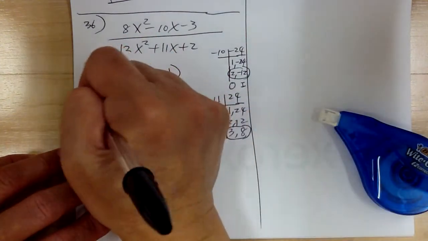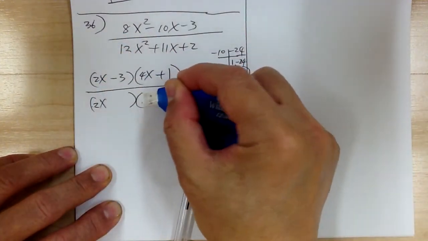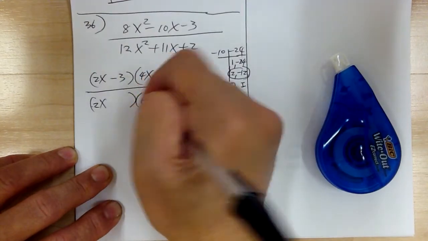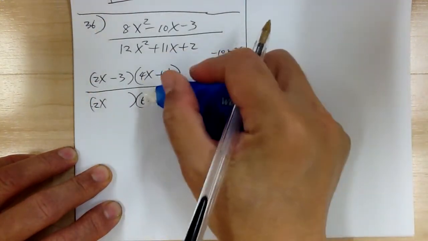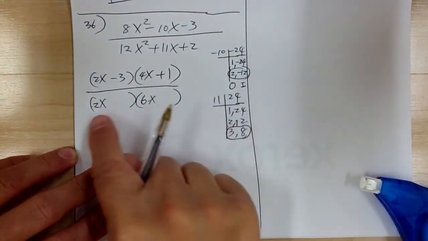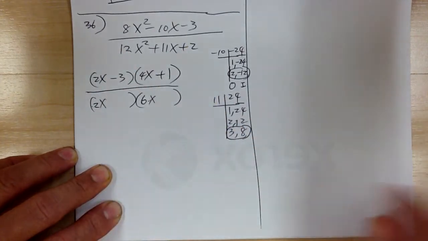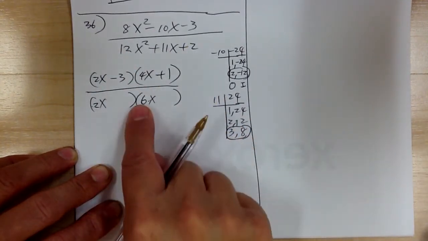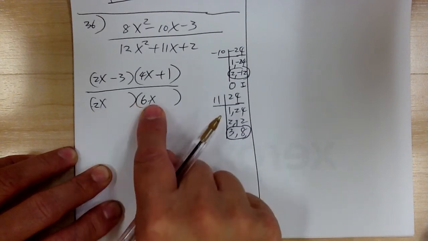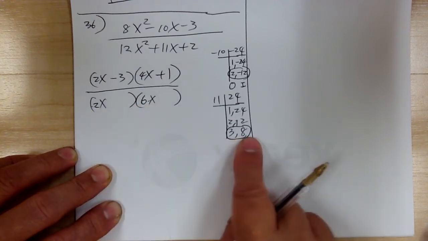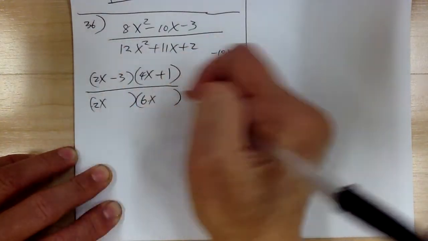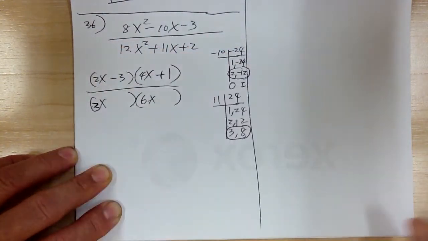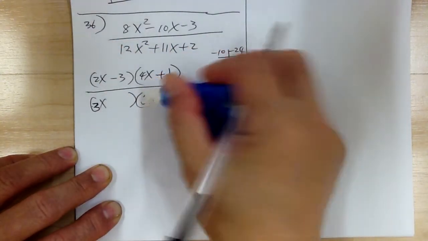You have to try 2 and 6. You have to break these things down first. 2 times 6 gives you 12. If you check, again, none of this is a multiple of 6. So 2, 6 is not going to work either. So you try the next one. You try 3 and 4.